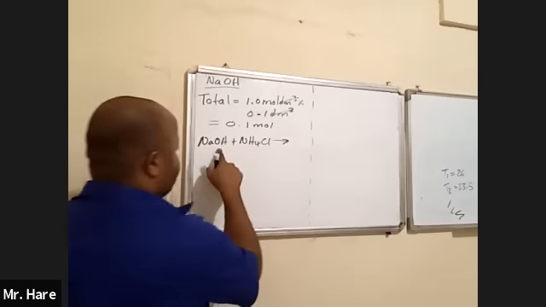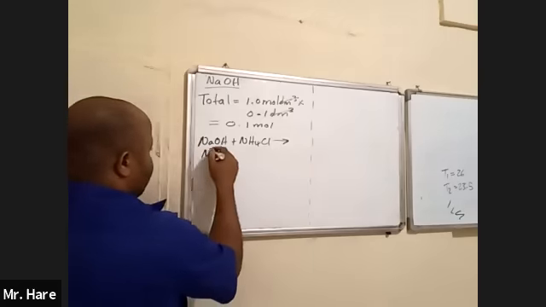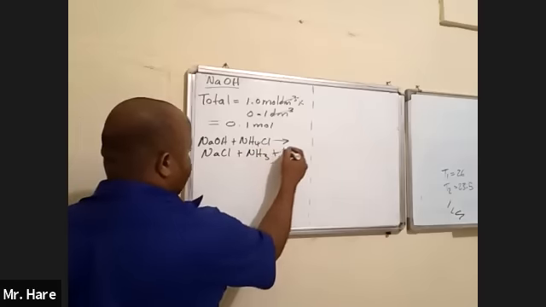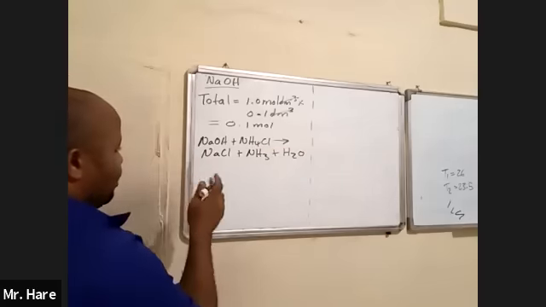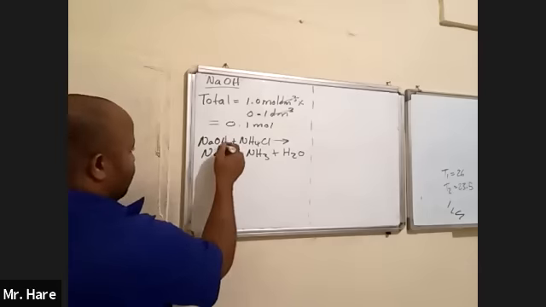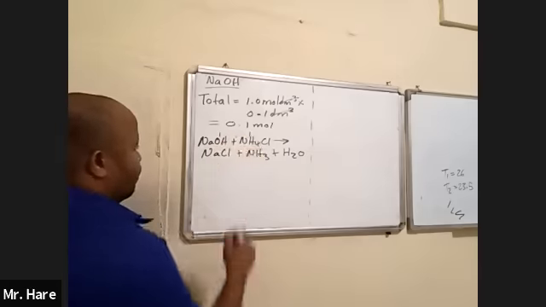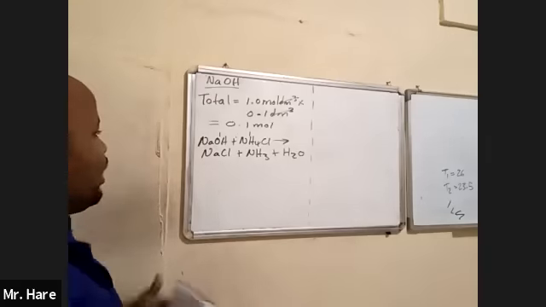All right, so it's sodium hydroxide plus ammonium chloride equals sodium chloride, ammonia, and water. And we know that it's balanced and the mole ratio is 1 to 1.